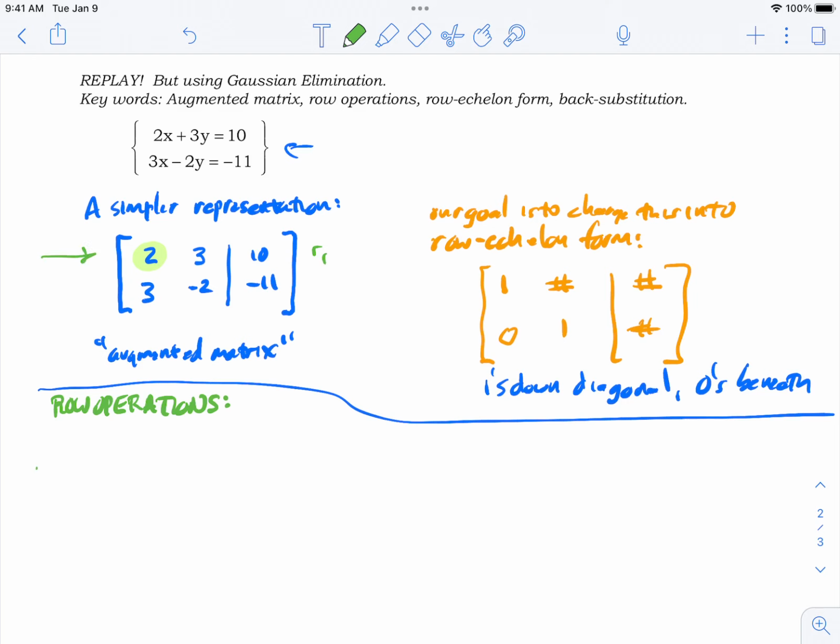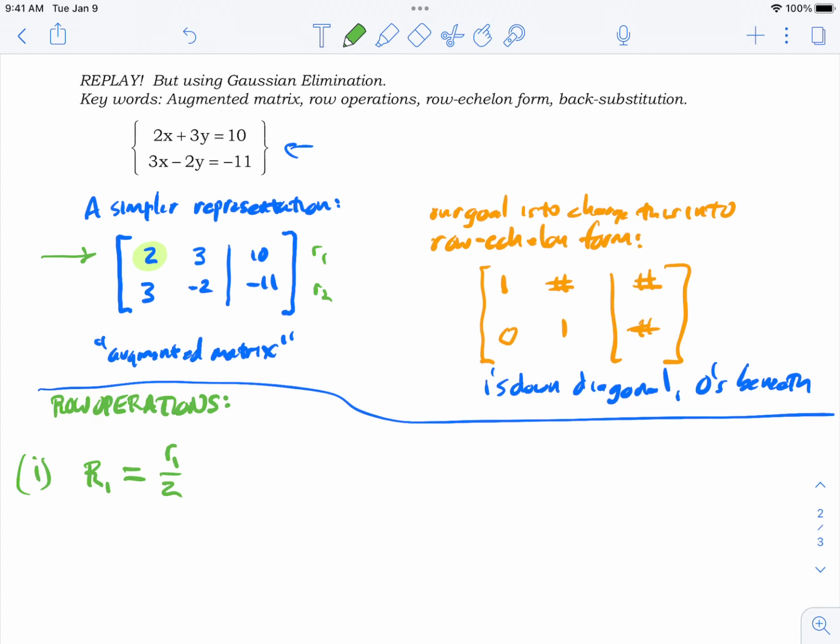The row operation we did, remember, was dividing the whole equation by 2. Here's the notation we're going to use: a capital R1 stands for new row 1. The new row 1 is going to be the old row 1, the little r1, divided by 2.